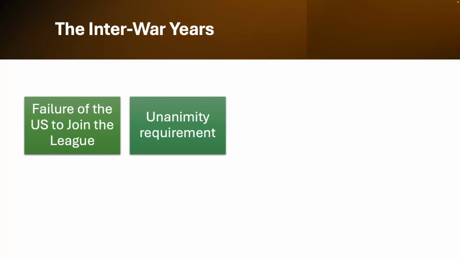This would be worse in circumstances where national interests of member states would conflict with the collective goals of the League itself. So if there is one country that has a national interest in maintaining the status quo, but the rest of the League believes that it is important for there to be some kind of major reform, it doesn't really matter because it requires unanimity. And so this unanimity requirement means that they could essentially deadlock the entire League of Nations and stop them from even getting about any kind of major reforms.